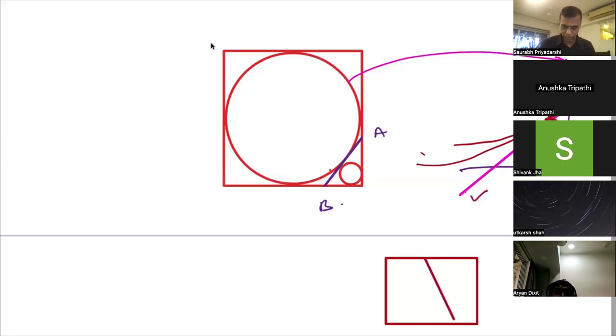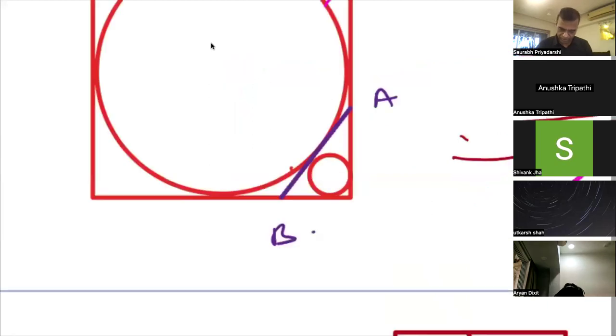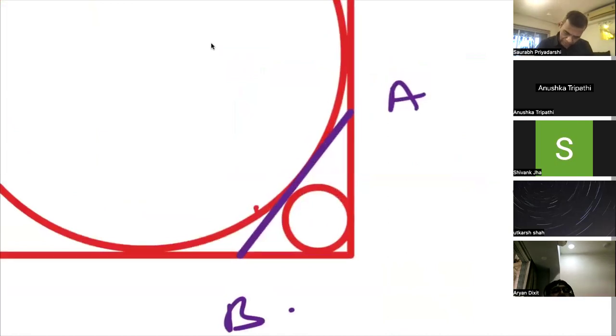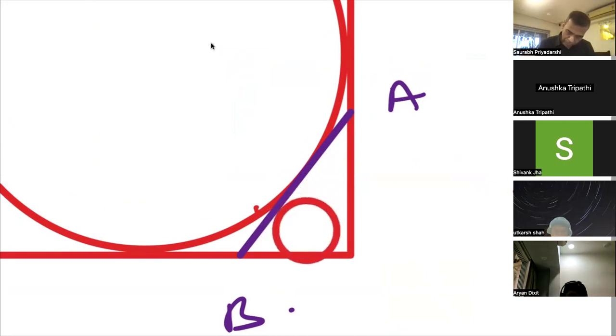So this is the diagram for you, right? And a more specific diagram, right? Here, something like this. This is the point here, one touch, the other touch is here.